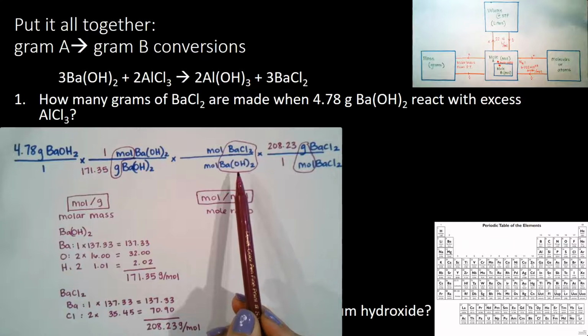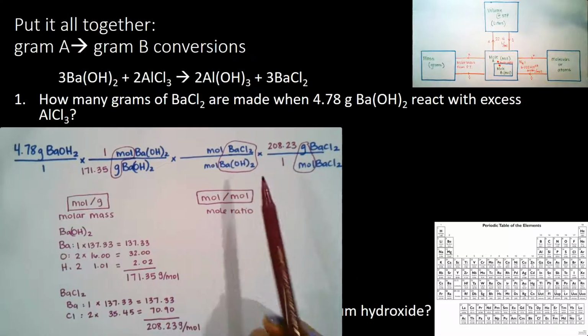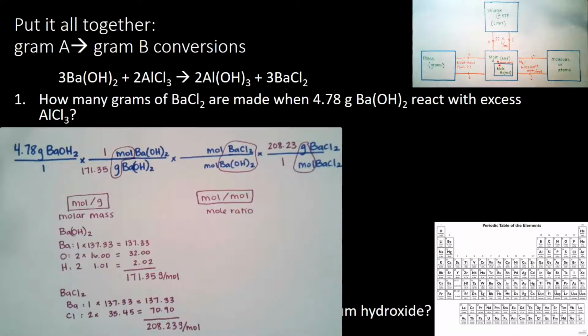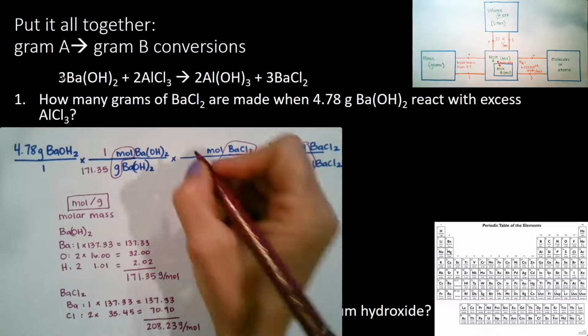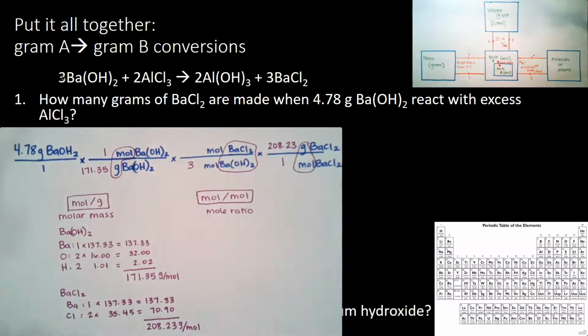So as we look at our balanced chemical equation, we find Ba(OH)2 has 3, where BaCl2 is also 3. So this mole ratio could cancel out. So when we're plugging it in, we may not plug in the 3's at all.